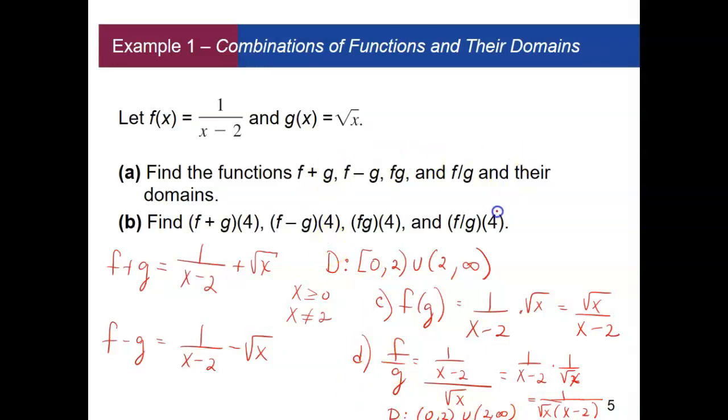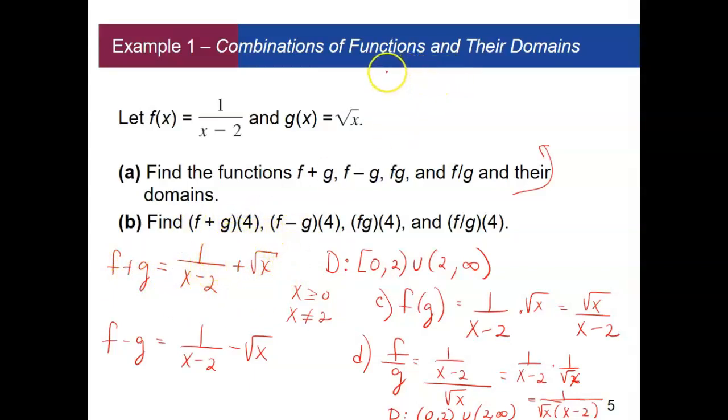All right, so I'm going to come up here to do this part. I'm running out of space just a little bit here, but looking at this, all I'm doing is taking these same functions and plugging 4 into them. So if I do f plus g, then I'm going to use this function here and plug 4 in.